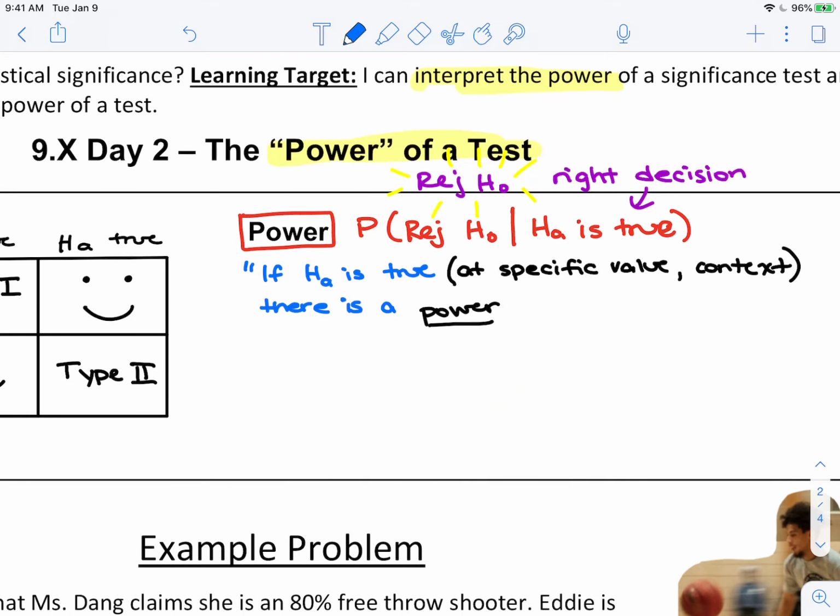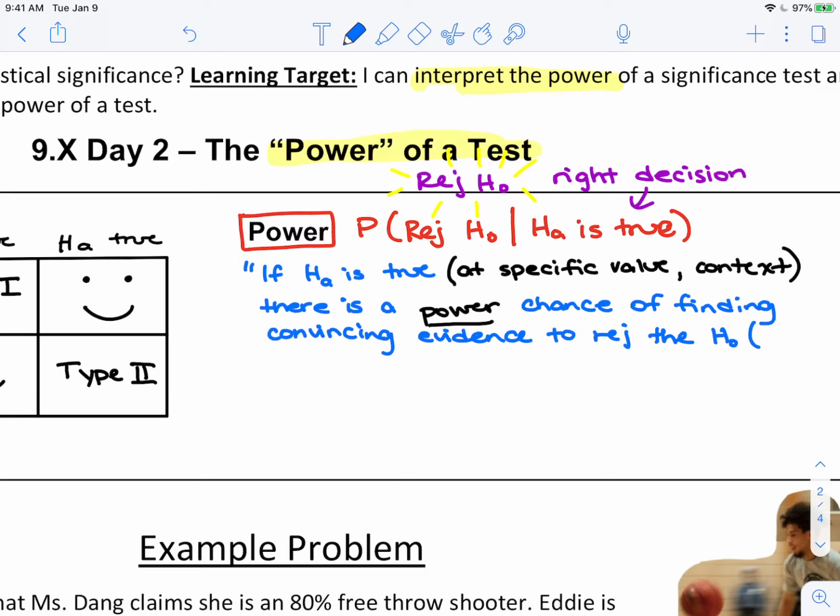Black means you have to substitute something for it. There is a blank chance of finding convincing evidence to reject the Ho. And then give me the context right there of the Ho. Okay. That was the learning target. Okay, that's how we interpret.